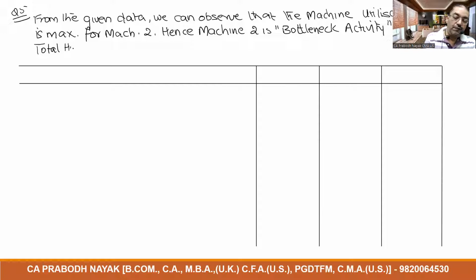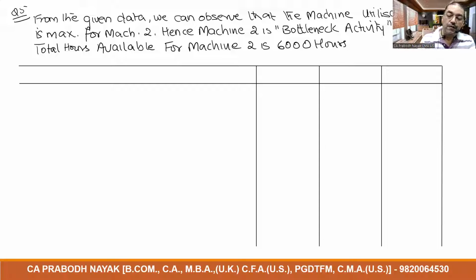Total hours available for machine 2 is 6,000 hours. So now prepare a statement with 3 particulars and 3 columns for the 3 products A, B, and C.